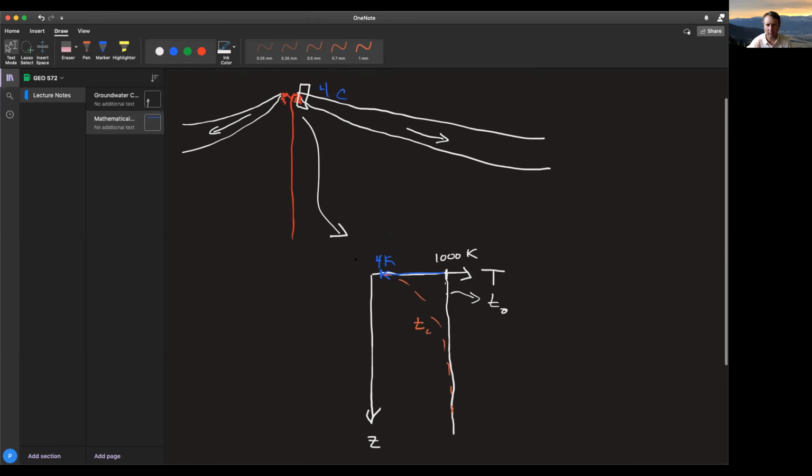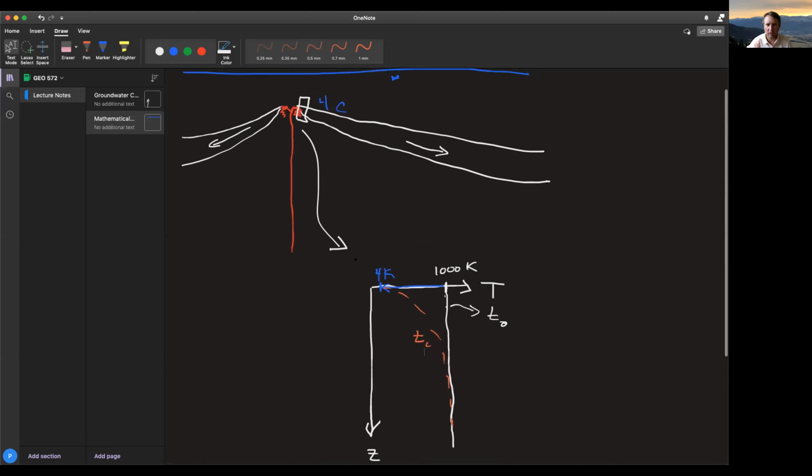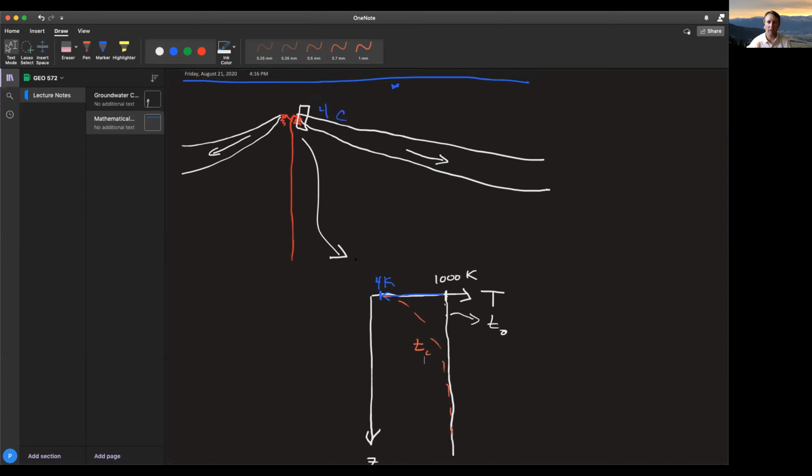All right. So let's think about what this slab looks like right after it cools. What we have is this uniform slab of a constant temperature, 1,000 degrees Celsius. And there is one temperature at the top and one temperature at the bottom.